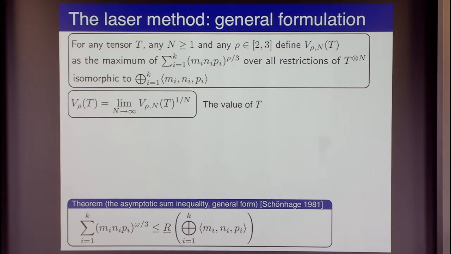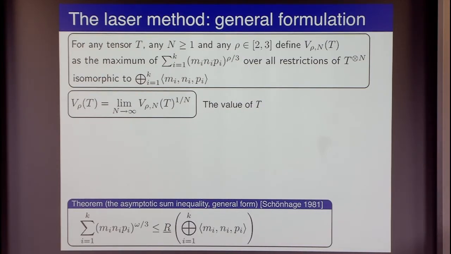The definition of value is motivated by the asymptotic sum inequality. In order to obtain a good bound using the asymptotic sum inequality, we need to convert a tensor into a direct sum of many matrix products.